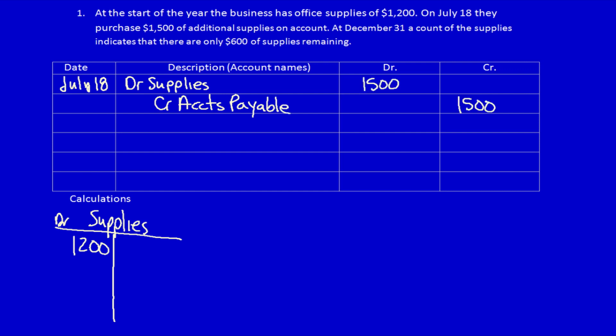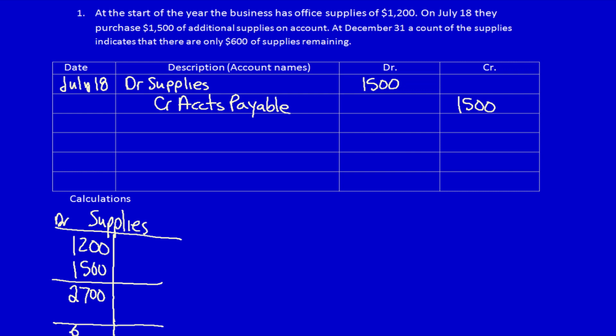I'm going to update my supplies account. At this point, I have $2,700 of supplies. Now, time moves on. At December 31st, a count of the supplies indicates that there are only $600 of supplies remaining. So if there are only $600 of supplies remaining, I can look to see what I want my T account to say.